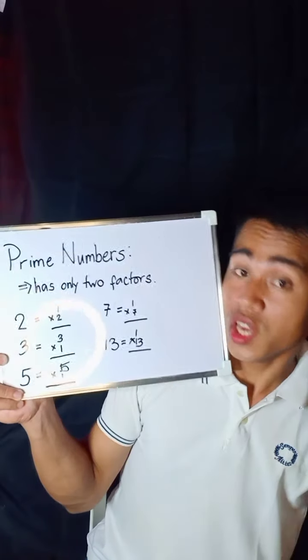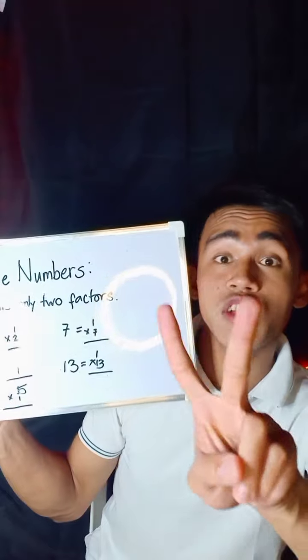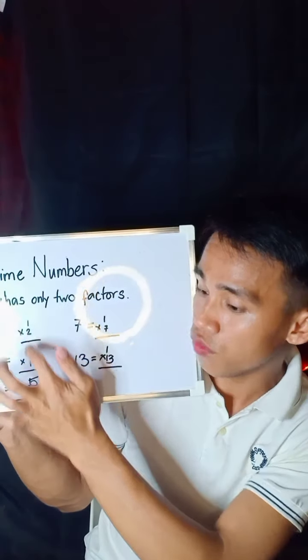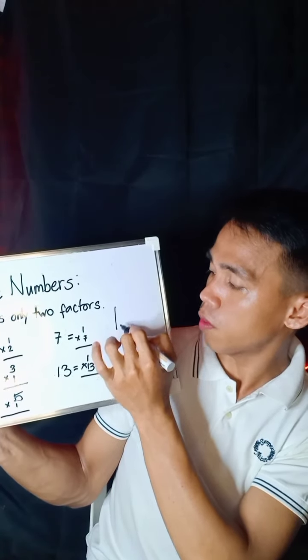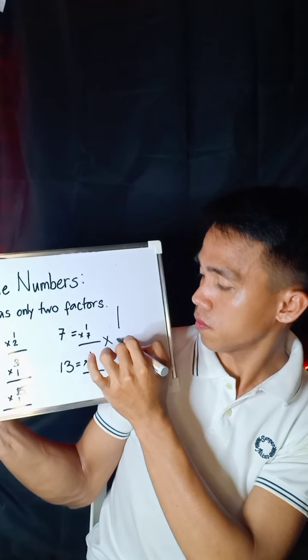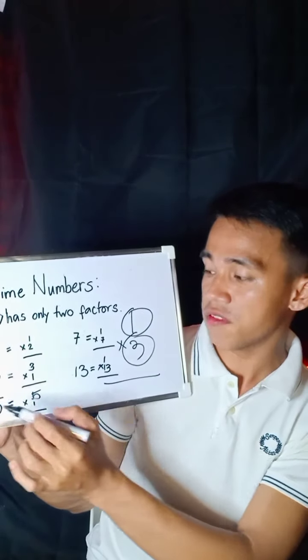Also with 13. So meaning, a prime number has only two factors. This is the first factor, and this is the second factor.